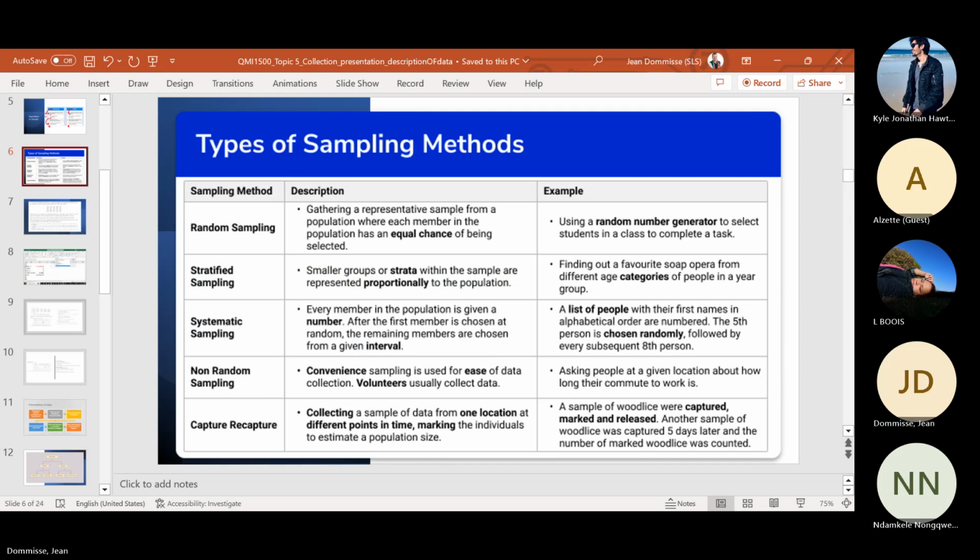Okay, then the other one is math solver. Very nice app. What it does is that it allows you to take a picture of a question.